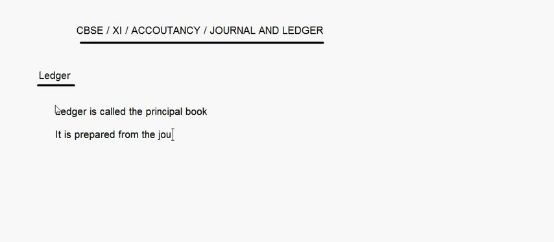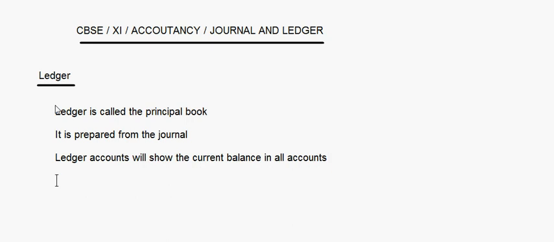It is prepared from the journal, and the ledger accounts will show the current balance in all accounts. Whatever is the balance will be shown in these accounts, and at the end of the year all these accounts will be closed, and then finally a trial balance is prepared from the balances of these ledger accounts.